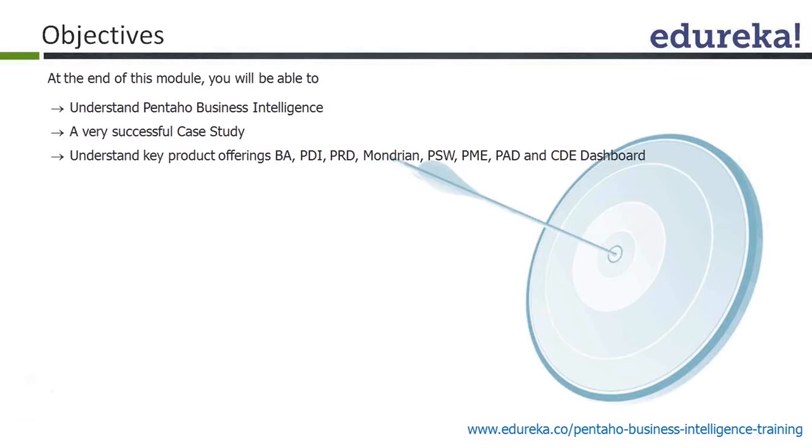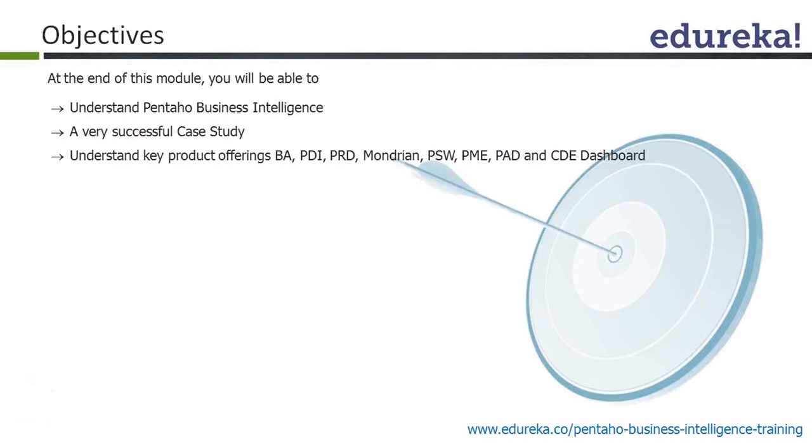Apart from that, they have some tangential tools which are helping a lot, like Mondrian based on OLAP. So it's an OLAP engine, not really in memory, but ROLAP. Then PSW, Pentaho Schema Workbench. Then Pentaho Metadata Editor. Then Pentaho Aggregation Designer, and CDE, the Community Dashboard Editor. This is a community plugin which is available freely.